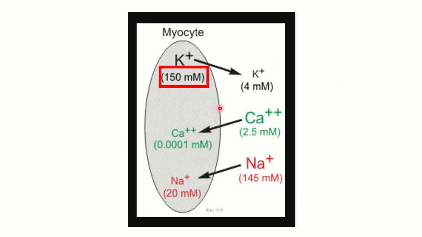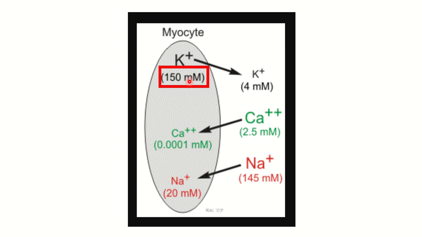First of all, here we can see the blood level of potassium. This is a cell, a myocyte or any other cell, and the potassium present in the cell is 150 millimole. On the other hand, the potassium present in the extracellular fluid or in the blood is 4 millimole.